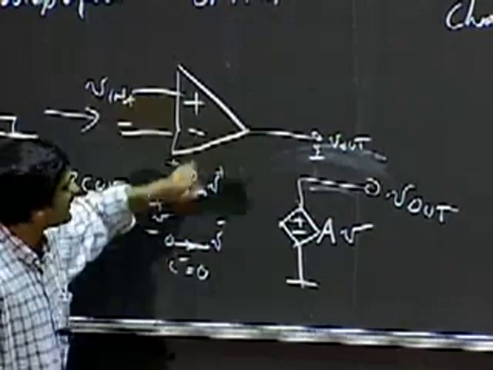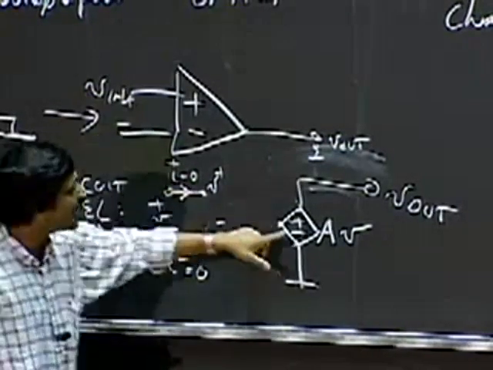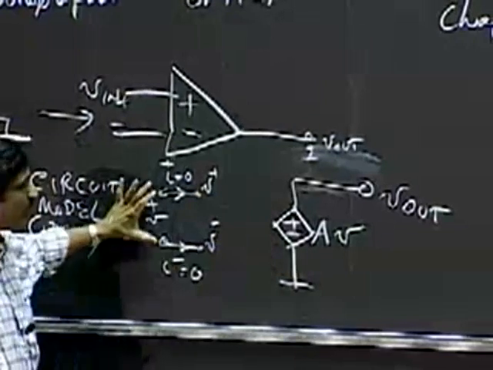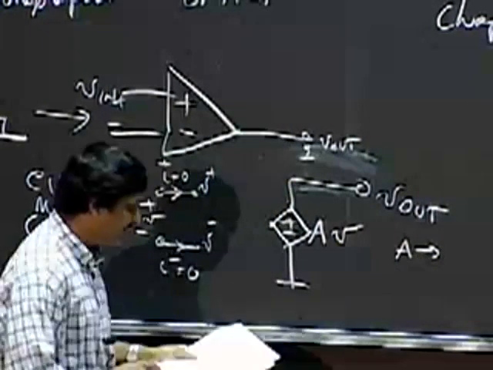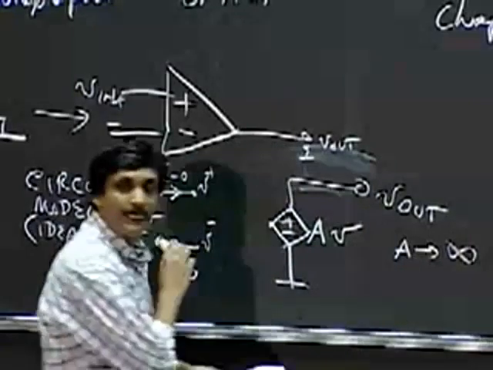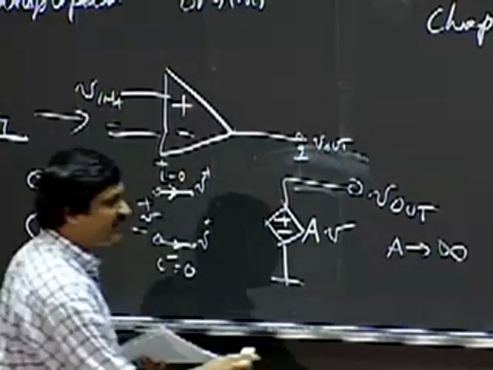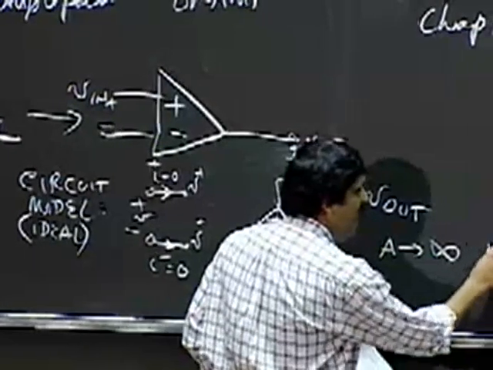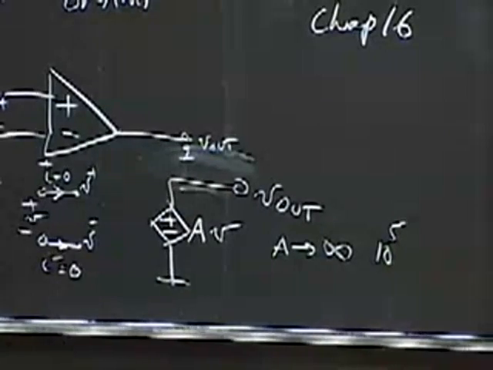Think of these three terminals here I've shown you here. I apply an input across these, and the output is going to be A times whatever I apply. And A is going to tend towards infinity. A is going to be huge. Okay, and specific values for A might be 100,000 or a million or things of that sort.